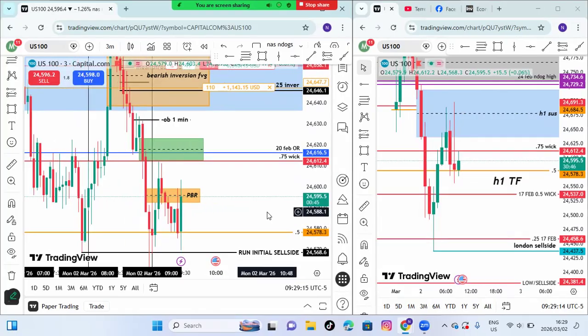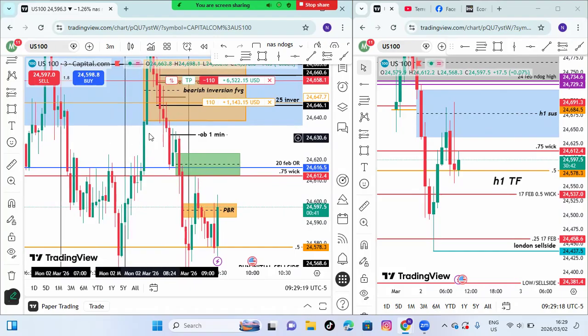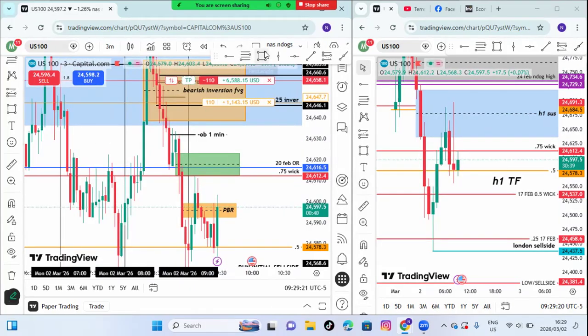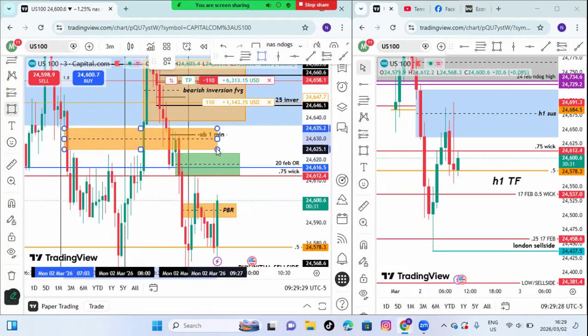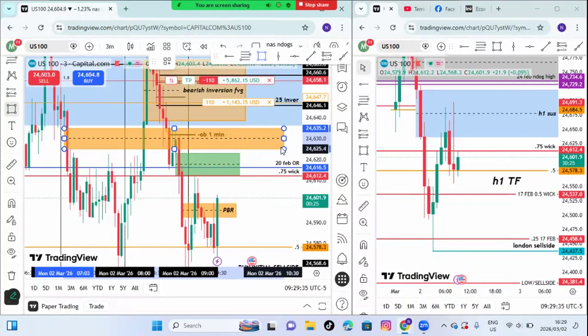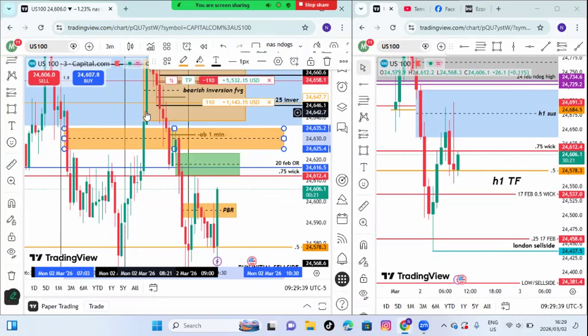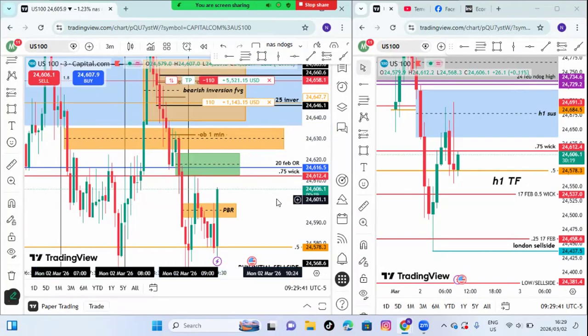Also here, if you measure there, there's another balance price range here, because one candlestick down, one candlestick up, balance price range again.